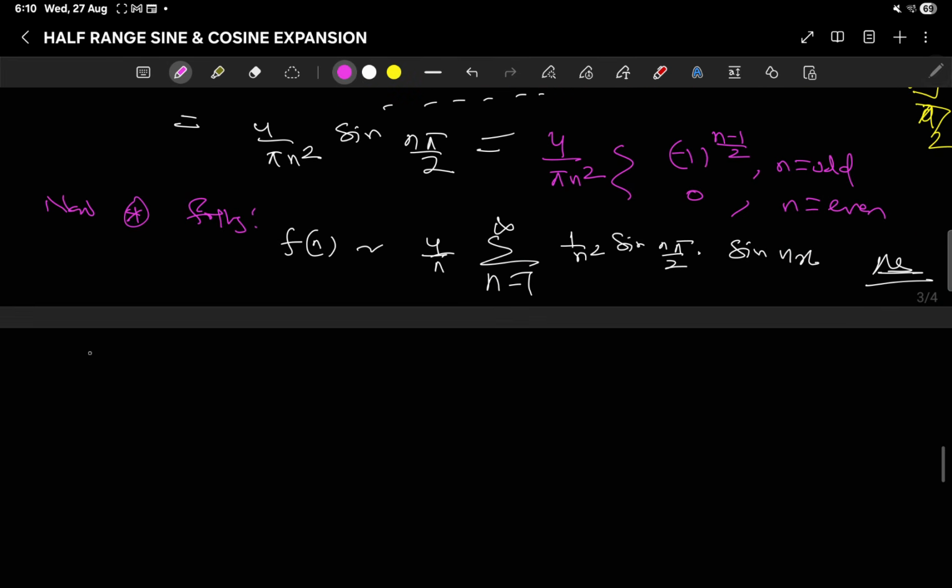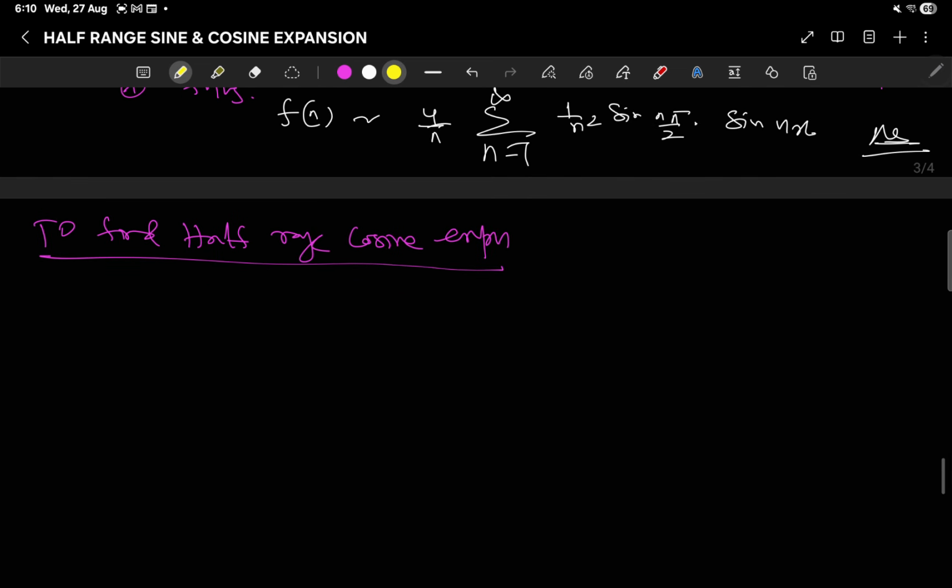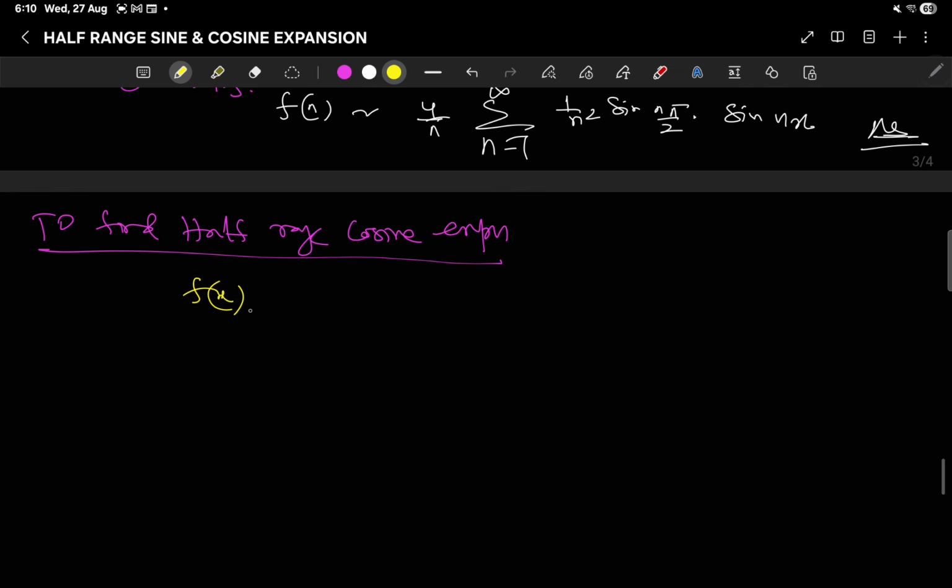Accordingly, your half range cosine expansion. To find half range cosine expansion, what is the half range cosine expansion? Here fx is equal to a0 plus summation n equal to 1 to infinity an cos n pi by l x, means nx here, right?